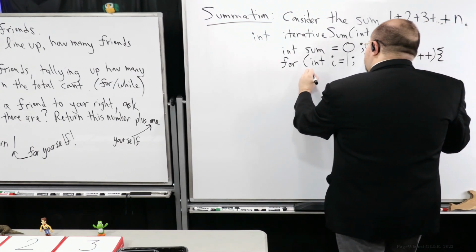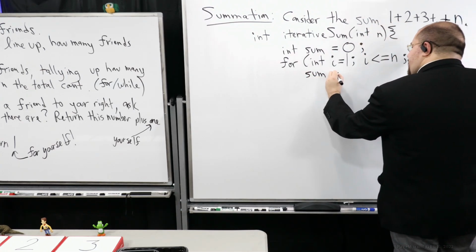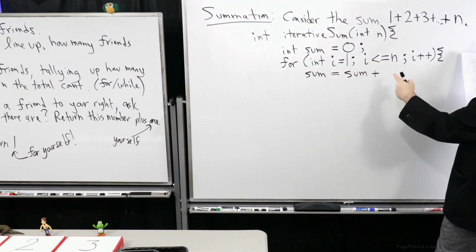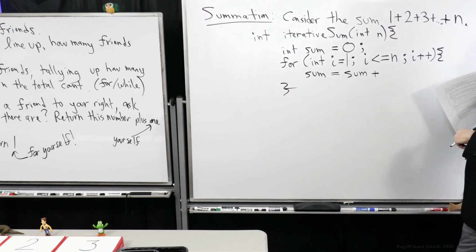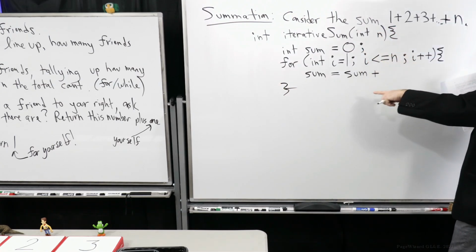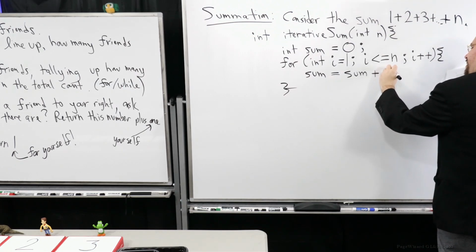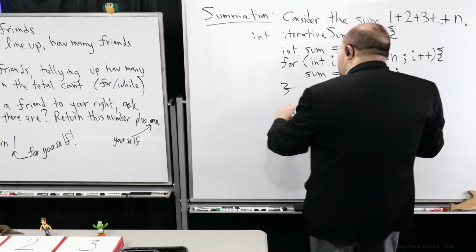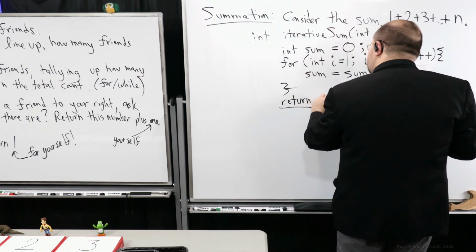And then all I have to do is assign sum to be sum plus whatever the value of i is, right? Because this will go through. So I just need something this basic. Notice every time i takes on each one of these values, I'm just going to keep it included in my running total. And I can simply return the running total when I'm done.